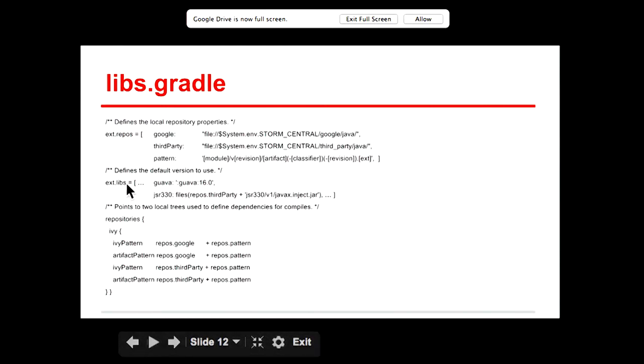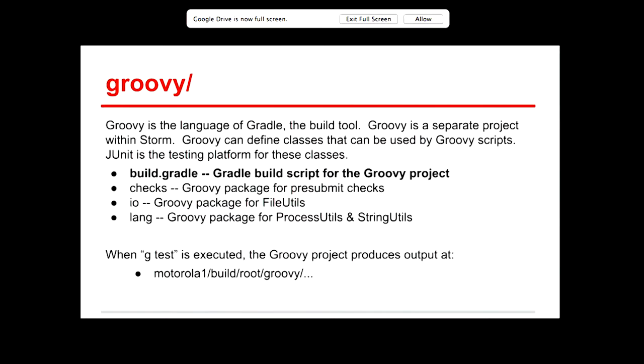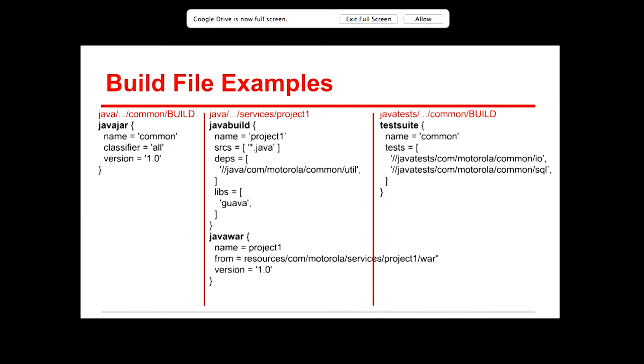I define external libs, and we just go through there. And you put like Guava, and then you put down this version 16 and JSR, and it points to this special third-party there. So in this one file, we define all the shortcut names used inside the build file. So if you come over here to this build file, you just use Guava.